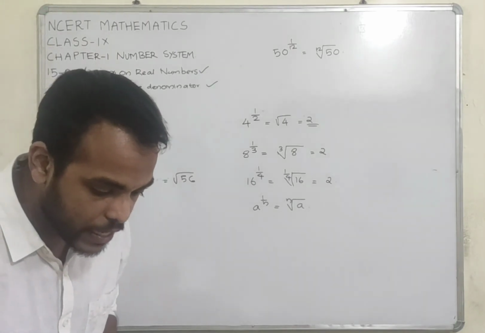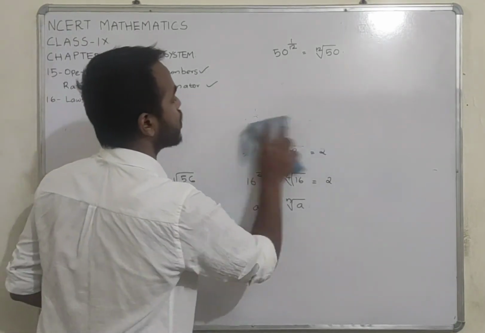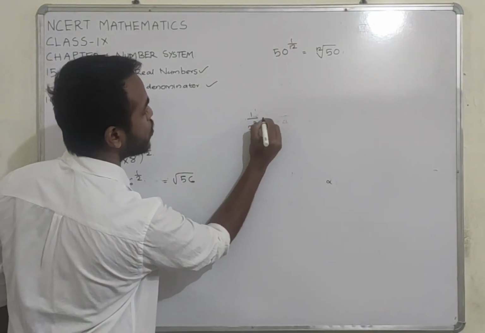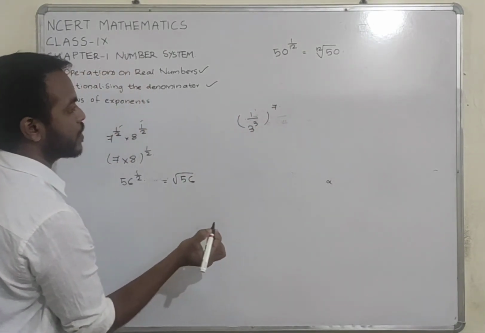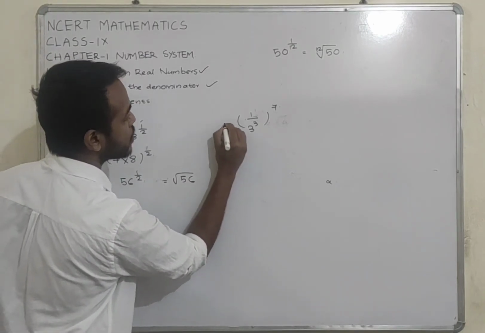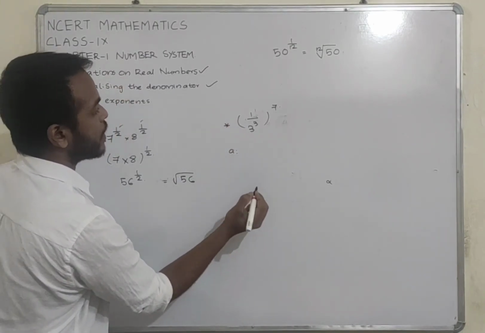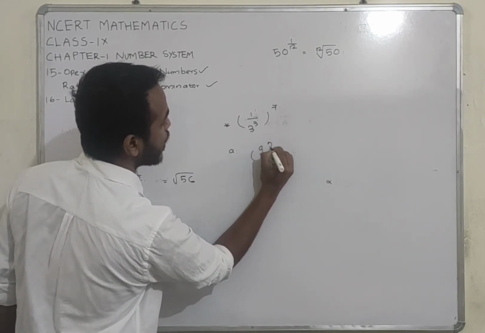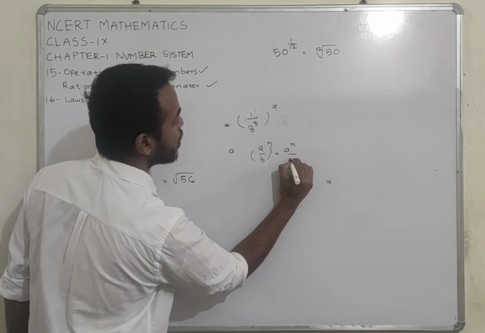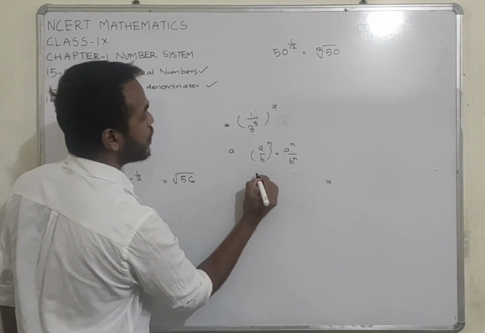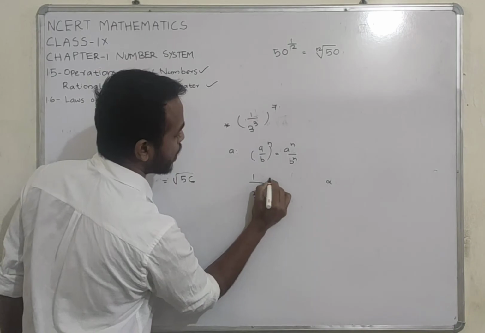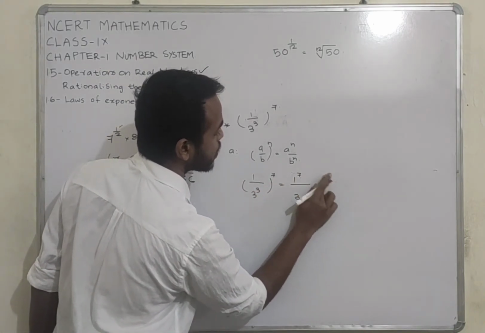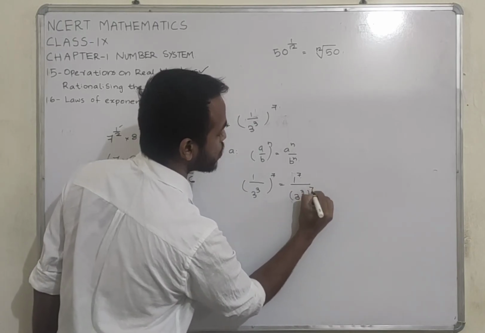1 by 3 cube whole raised to 7. Now we have learned, this is the question, and let's try the answer. We know a by b whole raised to n is nothing but a raised to n by b raised to n. So we can write 1 by 3 cube as 1 raised to 7 divided by 3 raised to 3 whole raised to 7.